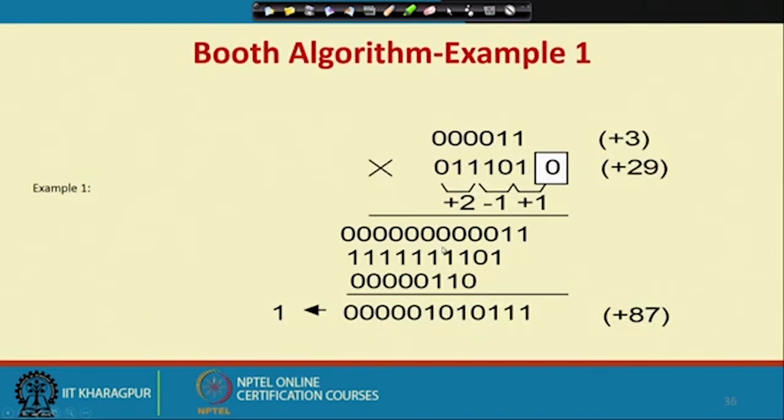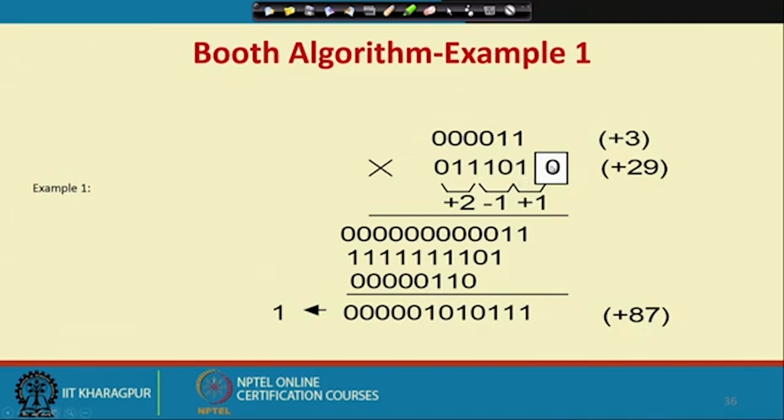So, if we take one example, how we perform this sign extension whenever we are using Booth's algorithm. Suppose this is the multiplicand and this is the multiplier. Okay. So, this value is plus 3 and this value is plus 29. So, the result will be plus 87, right. So, what I need to do?